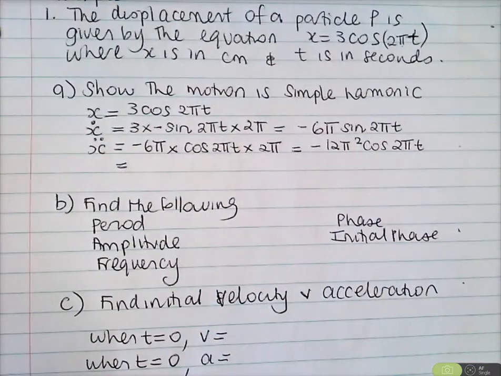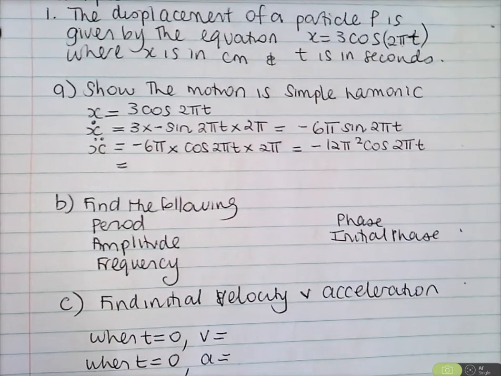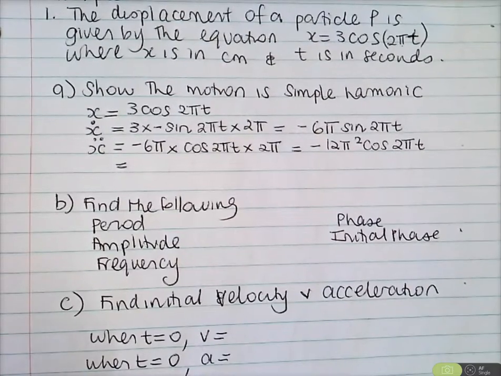Now you have to show that it's in the form of negative n squared x. Now, what does x equal? 3 cos 2 pi t.